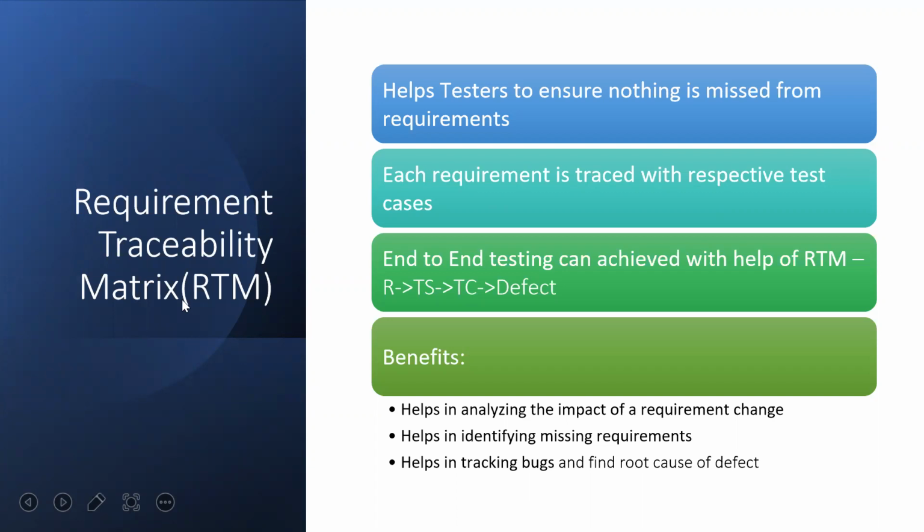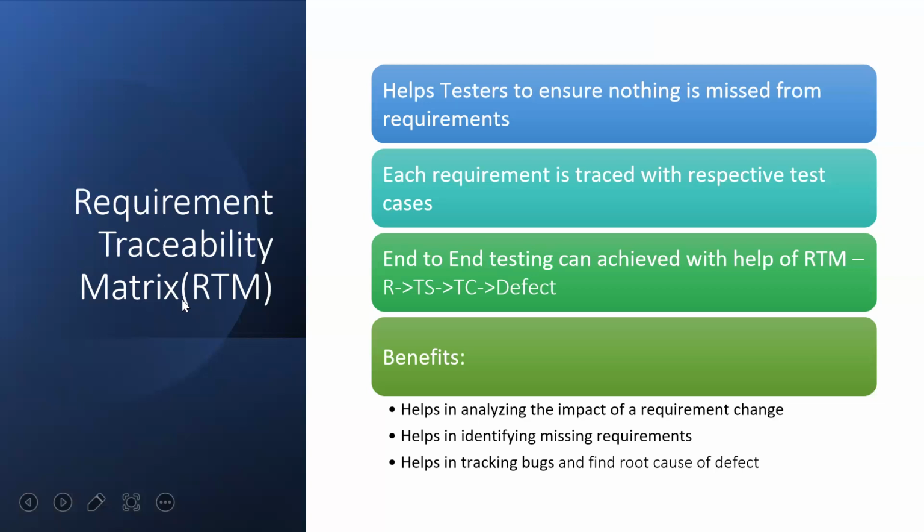Then the exit criteria of test planning is the test plan, again with the traceability matrix. Then after test case creation, our exit criteria are test cases and the requirement traceability matrix again.